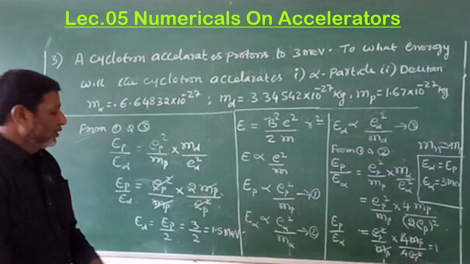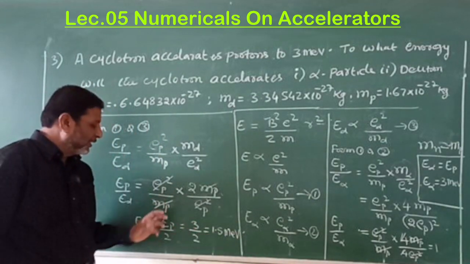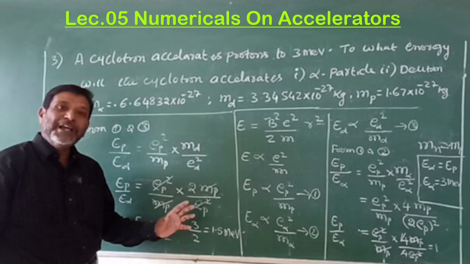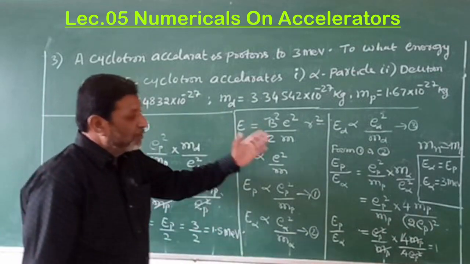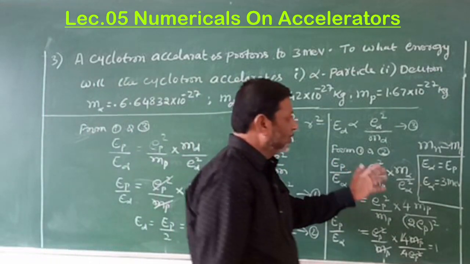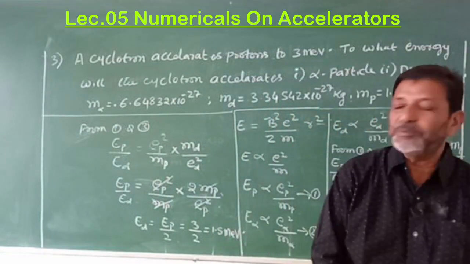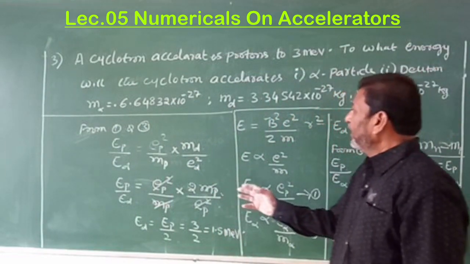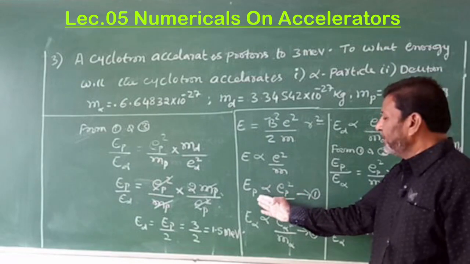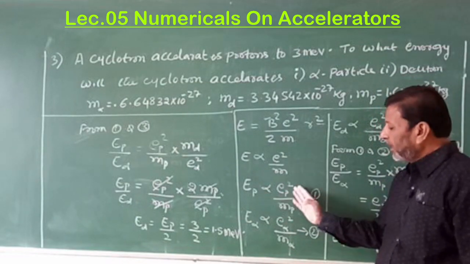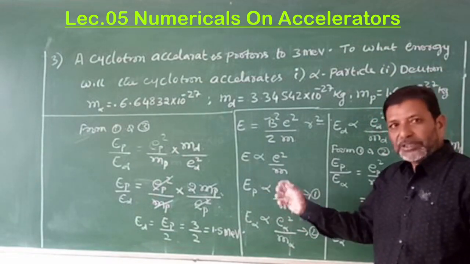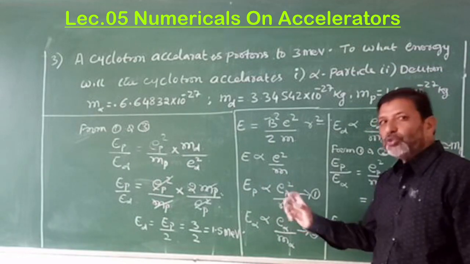Therefore, to this much amount of energy the deuteron can be accelerated. This way you can solve this problem. You have observed that there is a relation between the energy, charge and mass of the particle. This is also a useful formula.